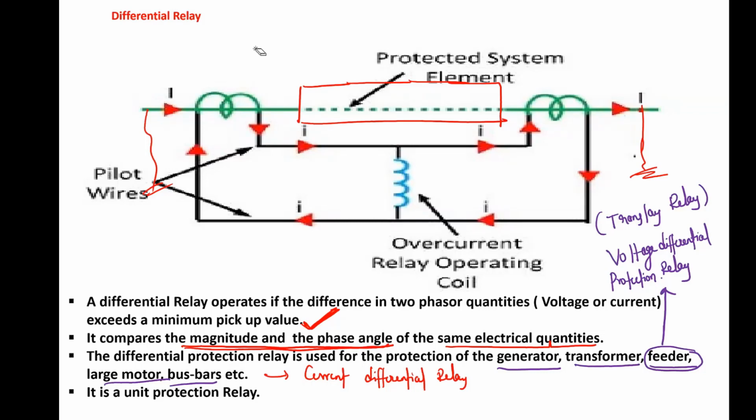If the difference is less than or equal to that pickup value, then the relay will not trip. Okay. So it is a unit protection relay. That is the second important point. And current differential scheme is used for protection of a few elements, and voltage differential scheme is mainly used for protection of feeders.